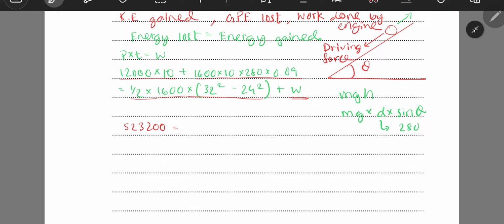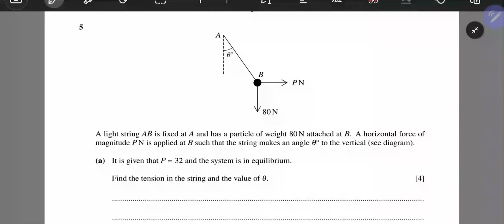So half m times 32 square minus 24 square. So that's 358,400 plus W. Therefore, W equals 523,200 minus 358,400. So that's 164,800 joules. The work done against resistance.